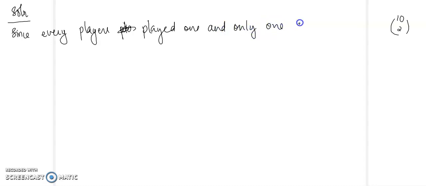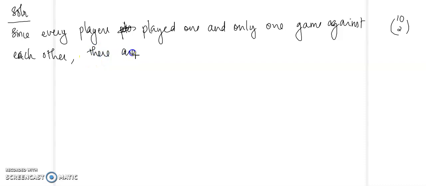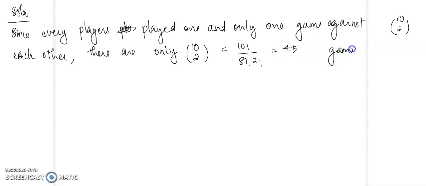Since every player played one and only one game against each other, there are only 10C2, which is 10 factorial by 8 factorial into 2 factorial, that is 45 games held in the tournament.